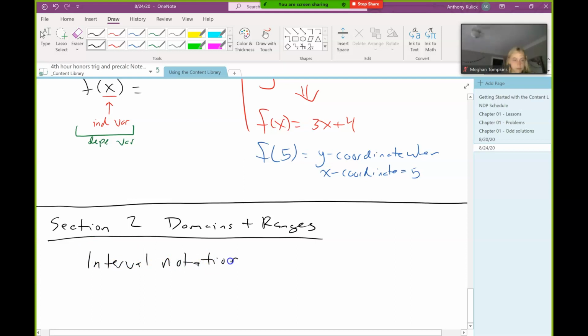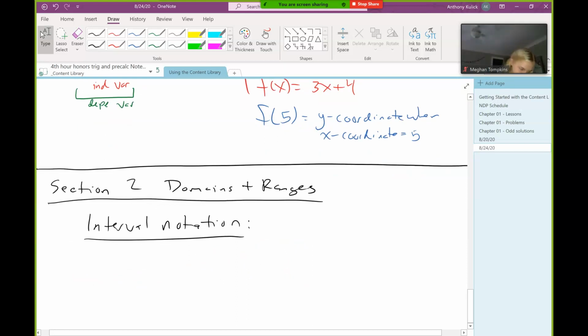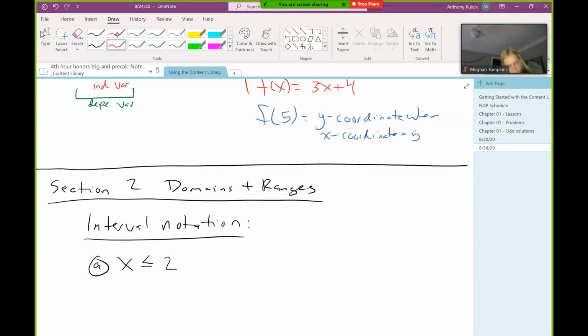So let's just write a couple of inequalities and translate those into interval notation. So let's say we have the inequality x is less than or equal to 2. The first thing I like to do is think about what the bounds for this inequality are.